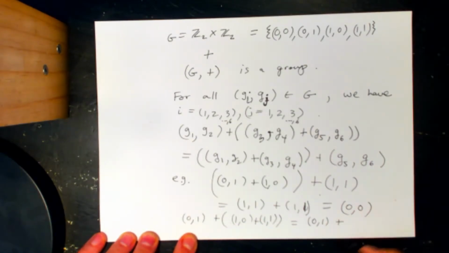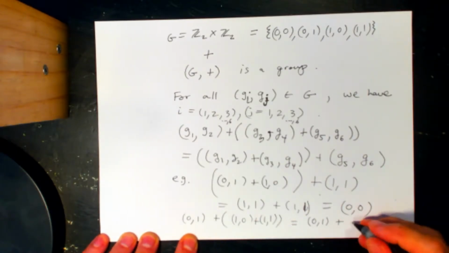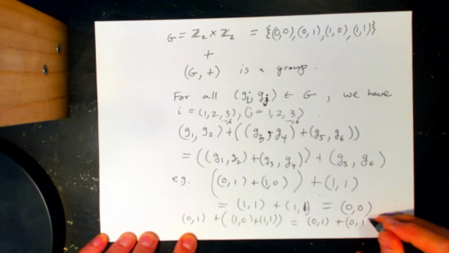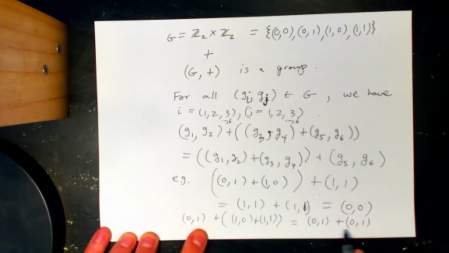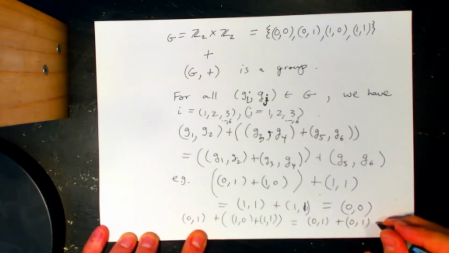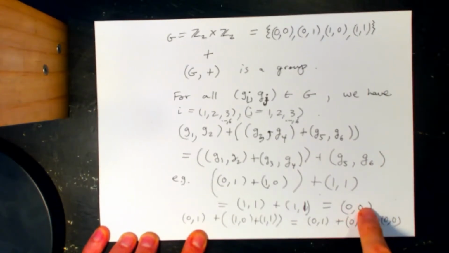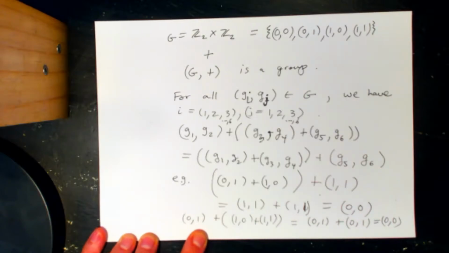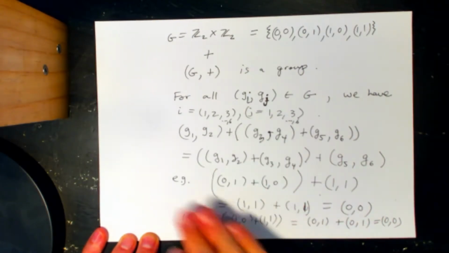So that would be (2, 1), but we reduce 2 modulo 2, and we have (0, 1). Now we add these together. 0 plus 0 is 0, 1 plus 1 is 2, but that reduces to 0. And so we have (0, 0), and that's the same as what we had when we had the brackets the other way around.